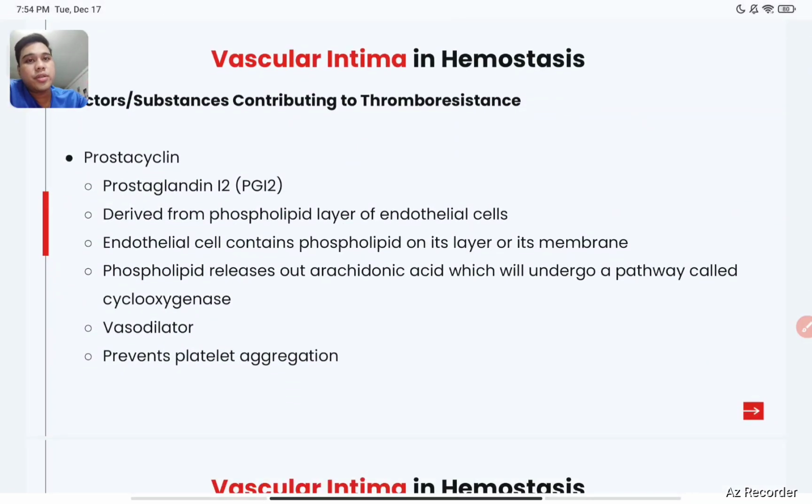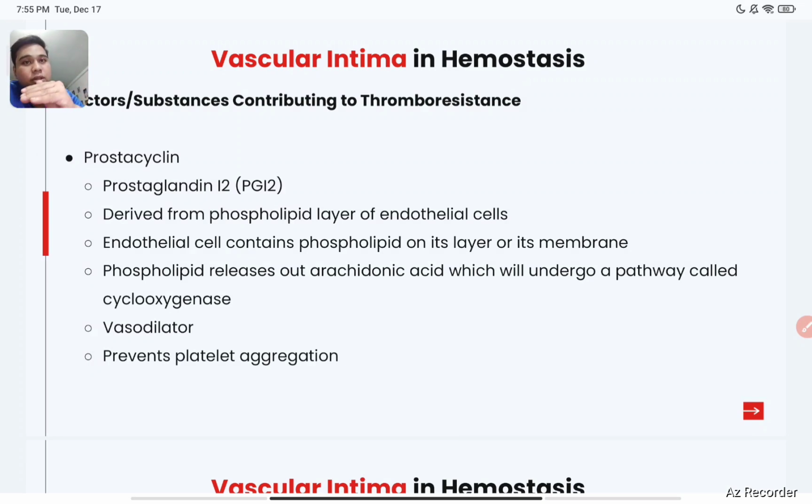And of course, you have your prostacyclin or prostaglandin I2 or PGI2. So it is derived from a phospholipid layer of the endothelial cells by your enzyme, your phospholipase A, di ba? Phospholipase A, arachidonic acid, and then two pathways, your lipooxygenase and your cyclooxygenase.